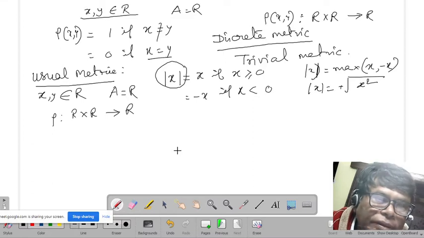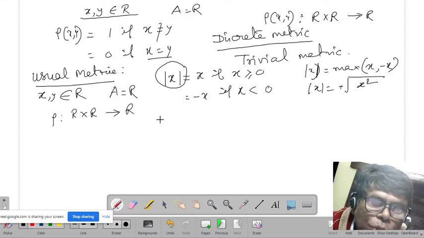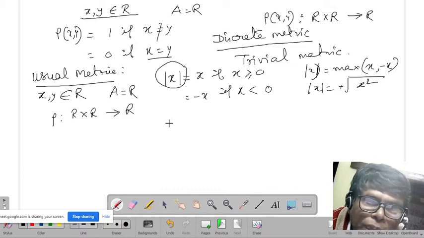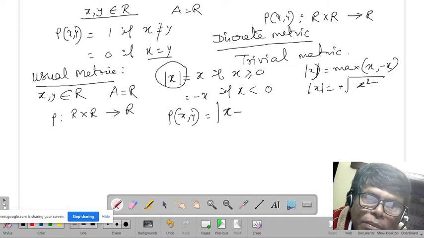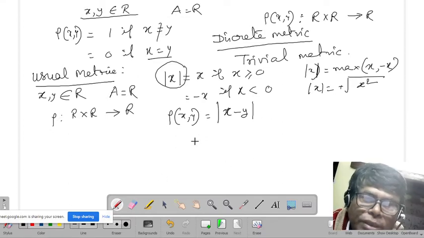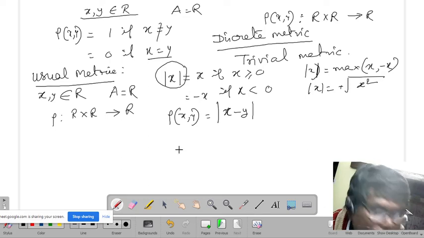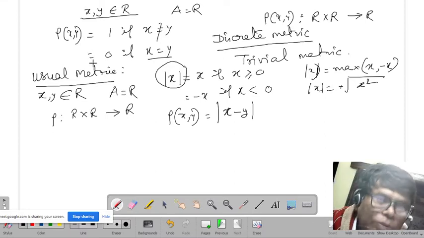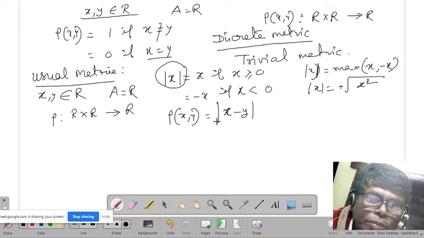Let us define that for this R. Now our set is R. Define rho of xy is equal to modulus x minus y. We have to check that all the properties hold there.